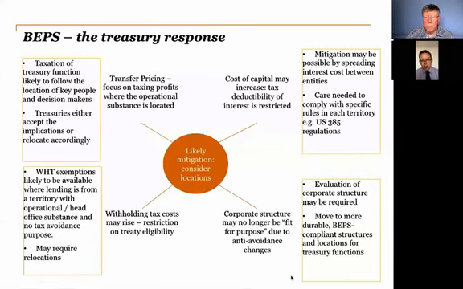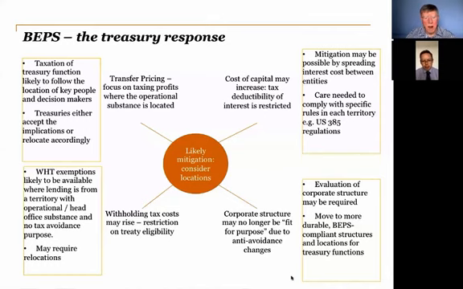Now, some of those differences will be tiny, annoying niggles that won't have material impact. Some of them are potentially bigger. Even though the US, for example, has taken on board that it's going to have restrictions on interest, that 385 regulation does it in a completely different way from the BEPS recommendation. I think we're going to continue to see that kind of difference.